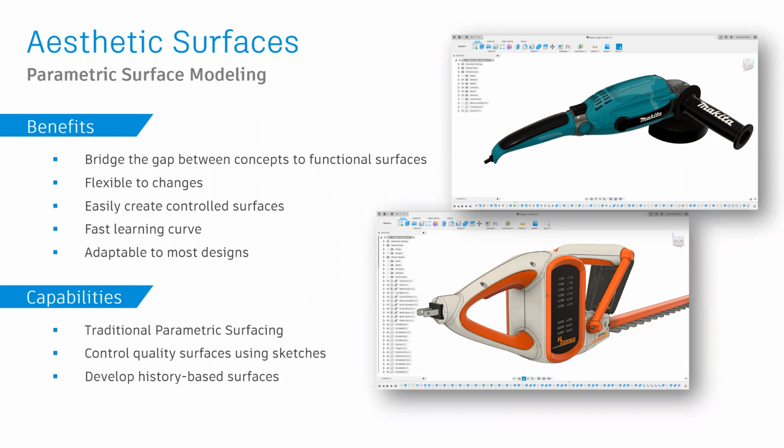It is easy to create and control, you can quickly control your surface, and it has a faster learning curve because a lot of tutorials are available. As for the capabilities, it is like the traditional parametric surface I mentioned before. With parametric surface modeling you give the dimensions, and whenever your dimension updates, it controls the surface on a parametric basis.